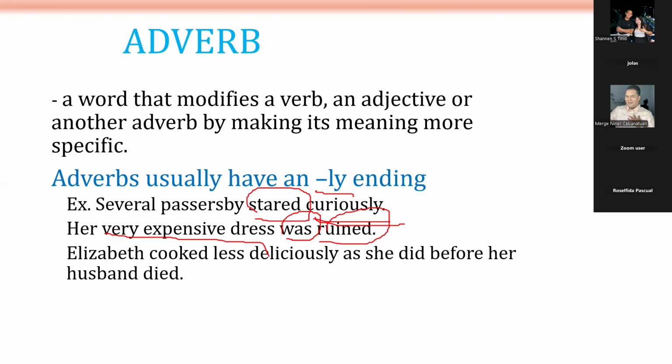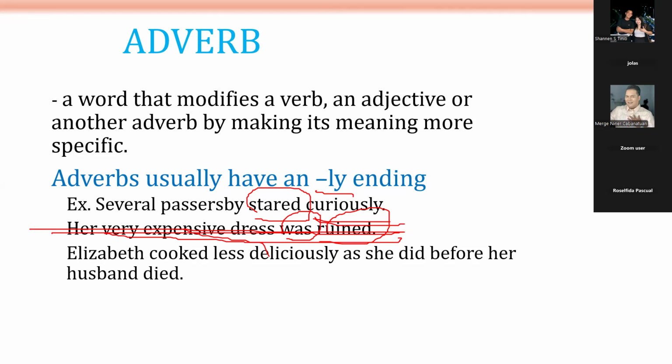Next, we have: Elizabeth cooked less deliciously as she did before. I think, guys, you have to exclude this. Mali itong example na to. Sir Kevin, ba't mo yan in-add? Okay. But that example is not included because we're talking about adverbs that end in ly. Okay? So this one: Elizabeth cooked less deliciously as she did before her husband died.